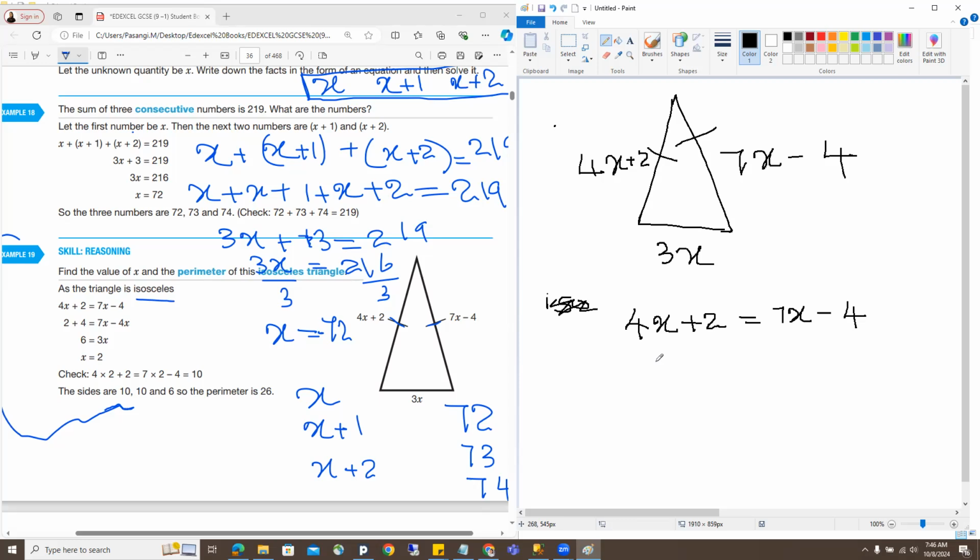What happened? Are you doing the question? Why is it not clear? Try to find the value of x.